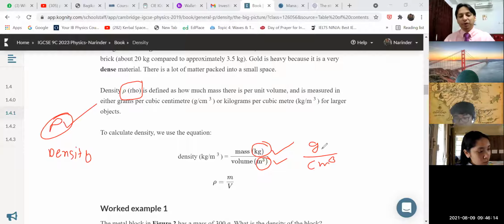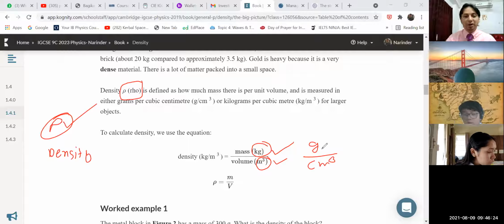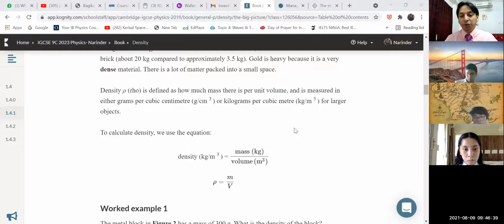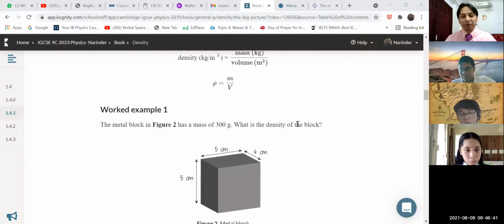It depends upon the question, whether the mass is given in gram, volume in centimeter cube, or in liter, milliliter, whatever the format, you need to find your answer accordingly. I hope this part is clear, that density is not a difficult topic, children. It's very simple. You should remember the equation: density is mass divided by volume.